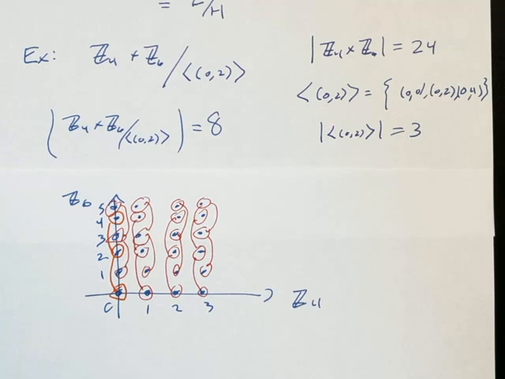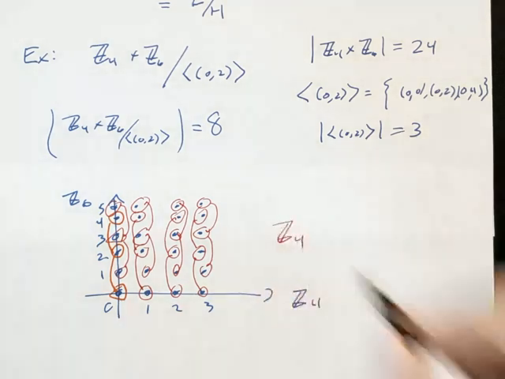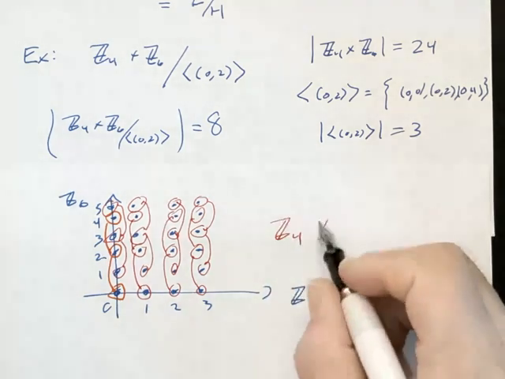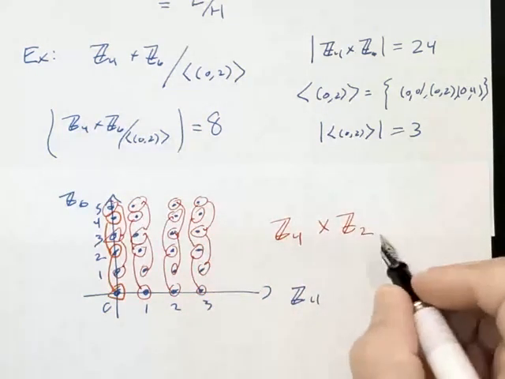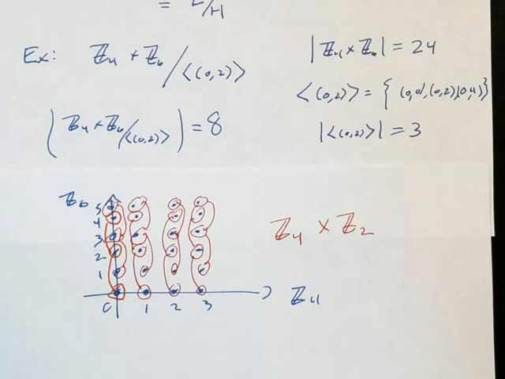Odd or even. But going across from left to right, I have 4 choices, don't I? Which means this still has a Z4 left to right. But going up and down, it's only 2. Odd, even. I collapsed, but I didn't collapse all the way because my subgroup was of order 3, and that second side was of order 6. So I cut it in half.